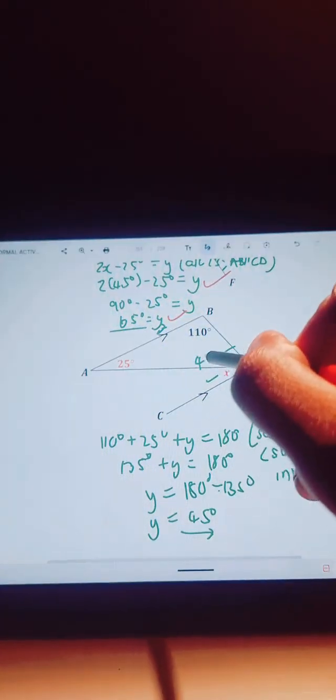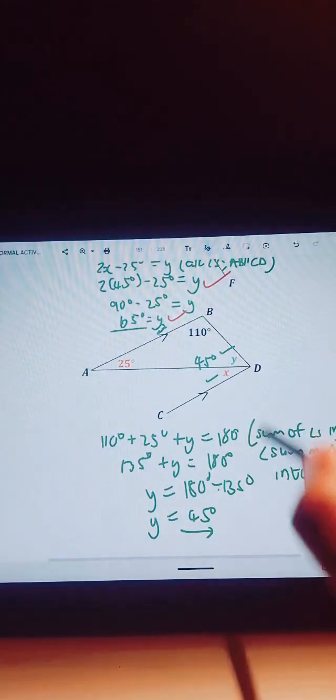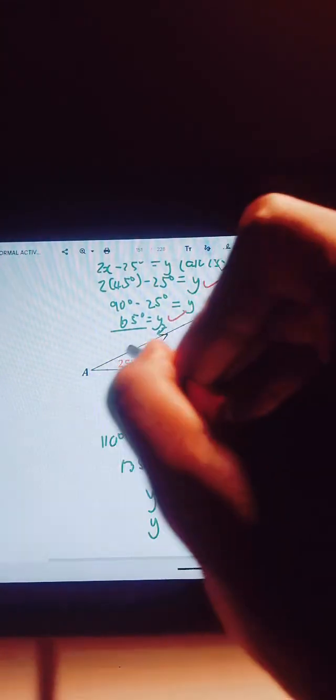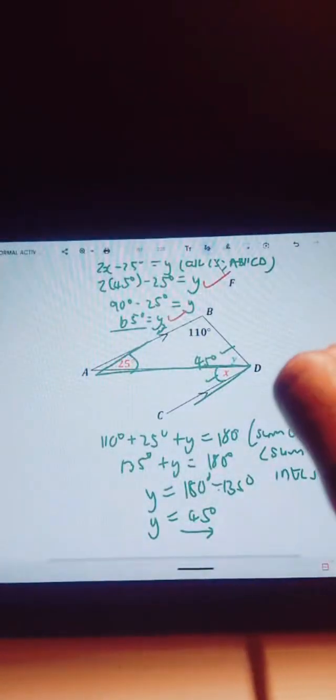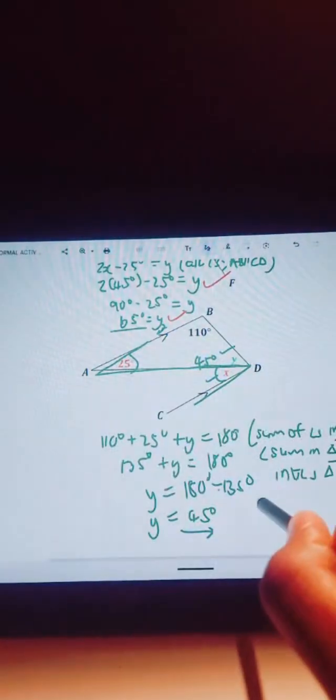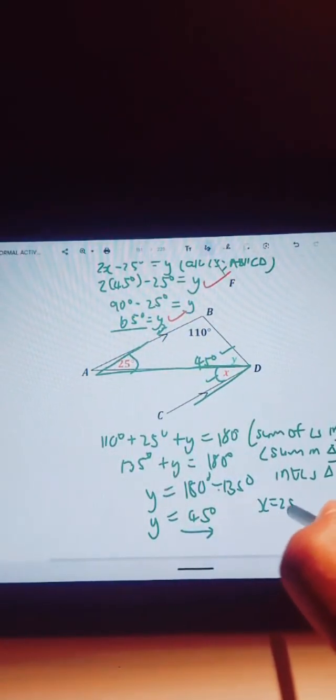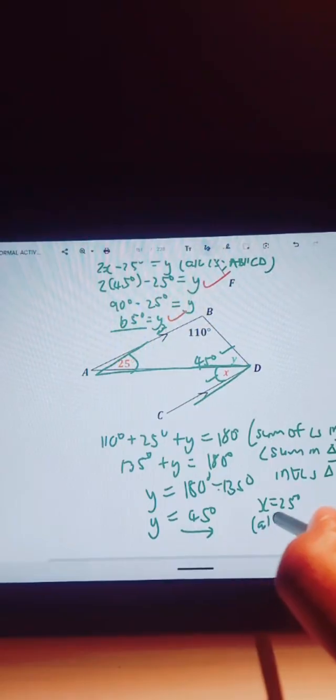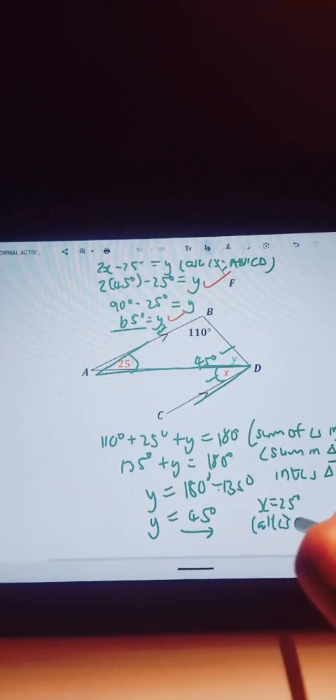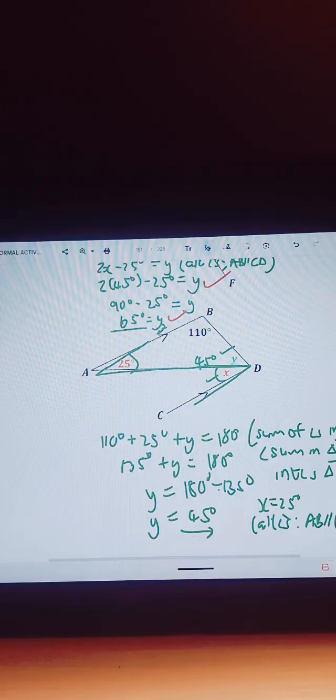Then of course, x and y, alternate angles. X is equal to 25 degrees. Reason, alt angles, AB parallel to CD.